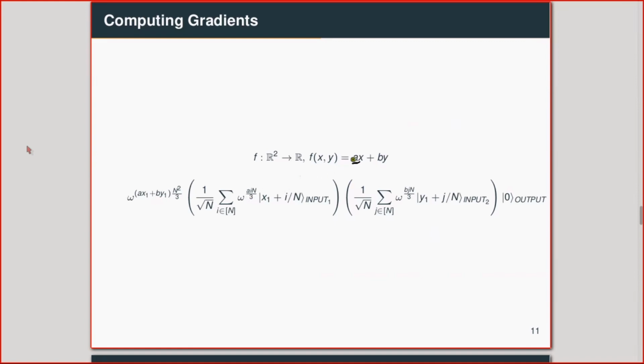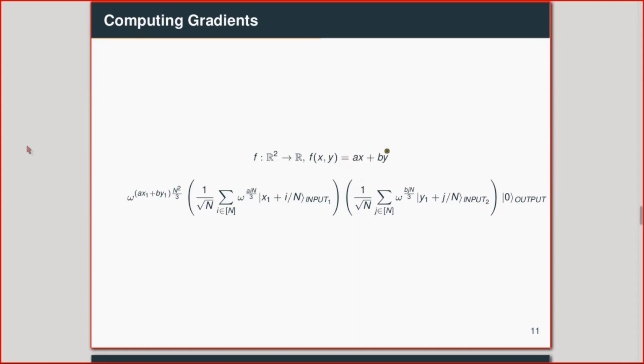This is telling you how steep you are in the x direction, and that's also reflecting over here in how fast the exponent is increasing. And similarly here, b is how fast you're increasing in the y direction, and it appears here to show you how fast the exponent of omega is increasing. I can't take questions on this because it will take too long to actually flesh out all the details.